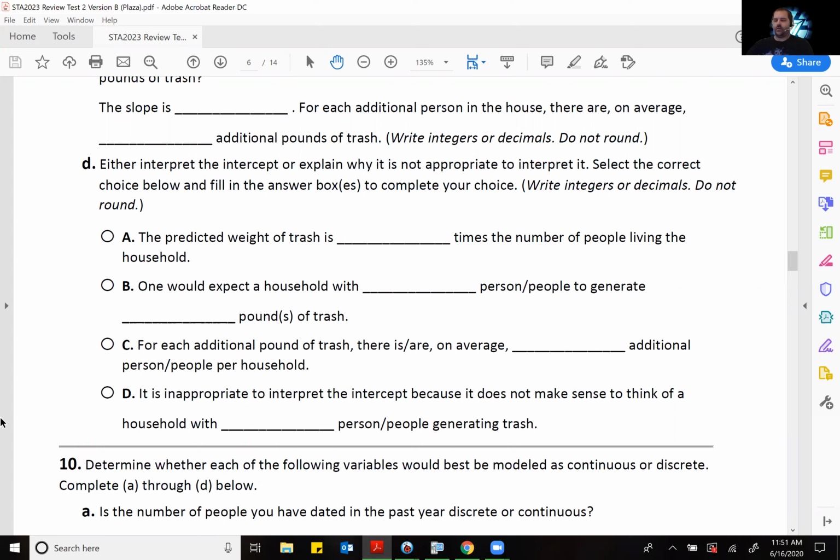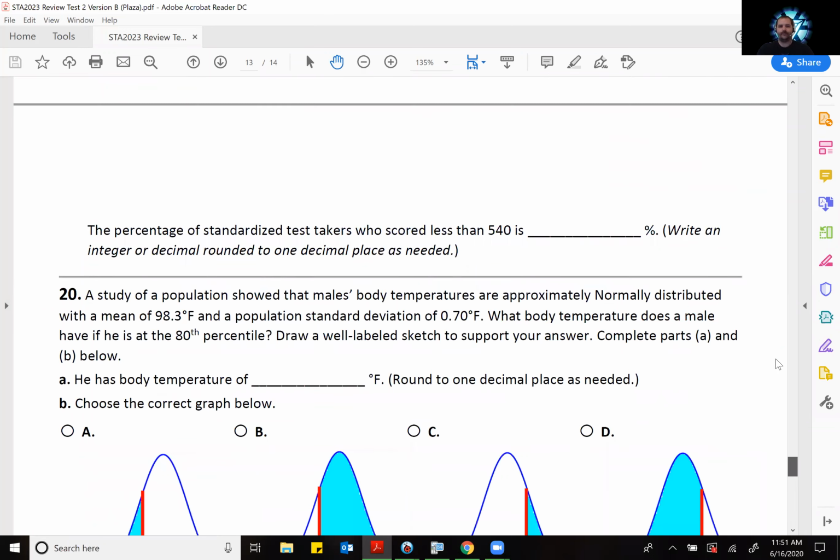And if I remember right, this is not a very long test. I think it's only 20 questions. So I think we're about halfway through. Let me double check. Yeah, 20 questions.